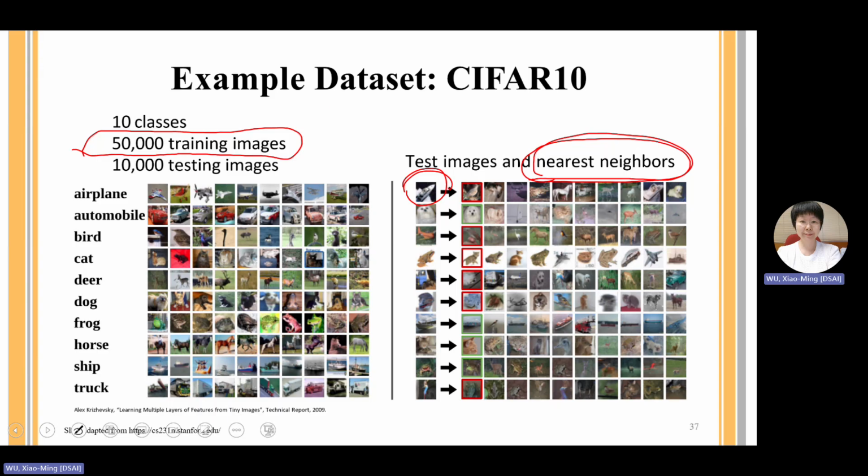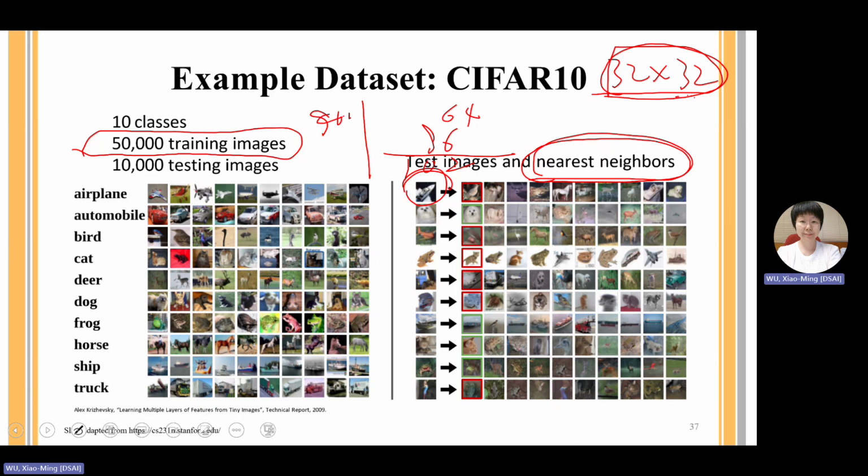Any idea? Each image is 32 by 32, and we can flatten this image into a vector. What's the dimension of this vector? 32 times 32 is 1,024.